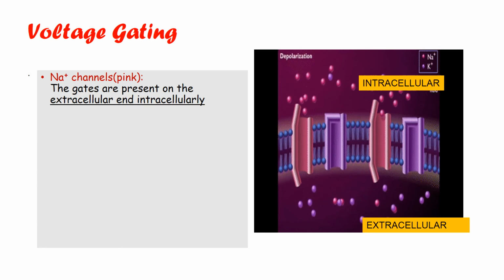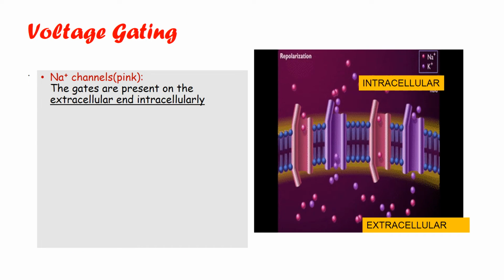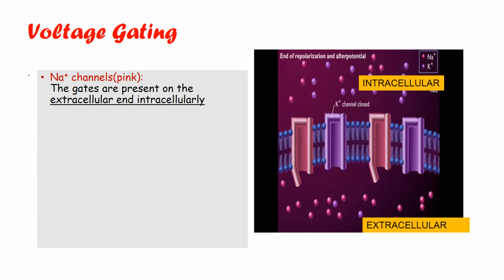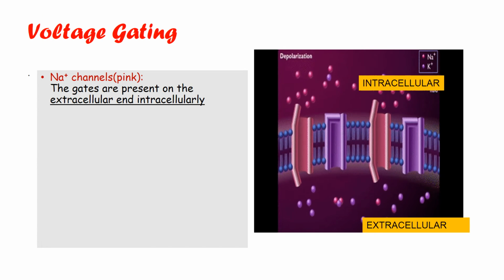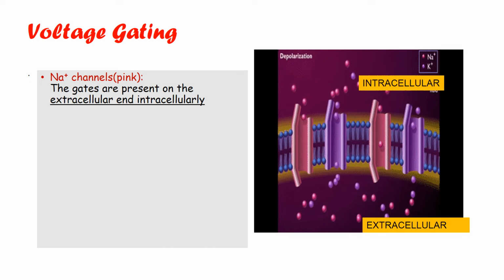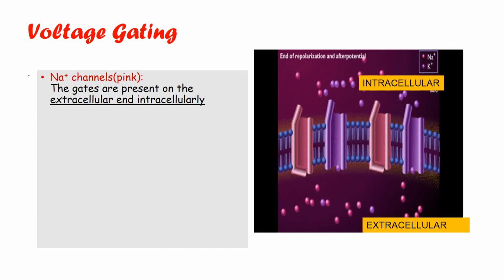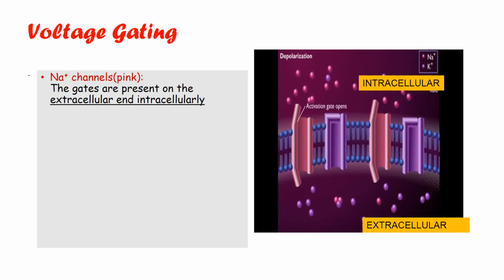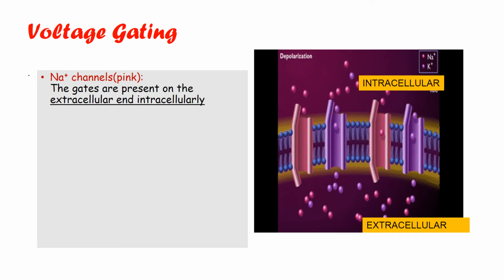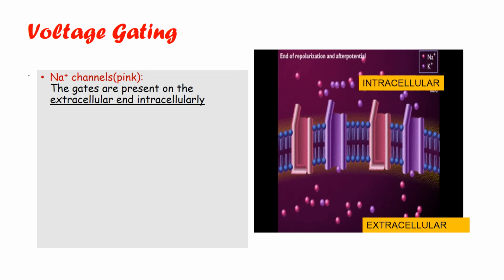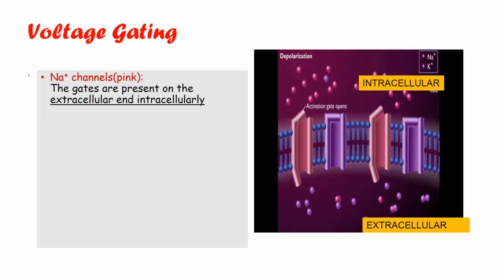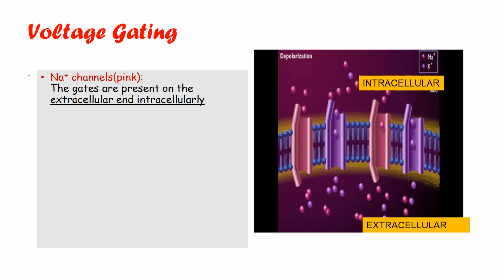Now this slide again focuses on the same point, that voltage gated channels are opened by a change in the voltage. Here we can see the sodium channel, which is pink in color. It has two types of gate, one towards the intracellular fluid and one towards the extracellular fluid. Whenever there is a spark, it leads to the opening of these channels and passage of sodium ions.